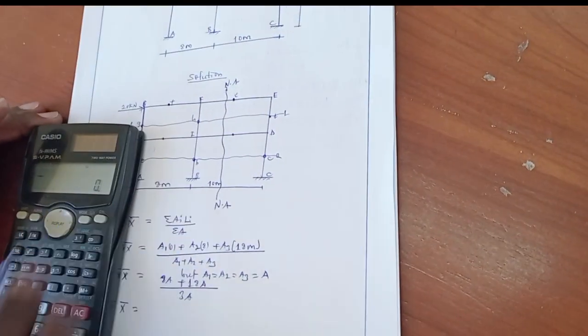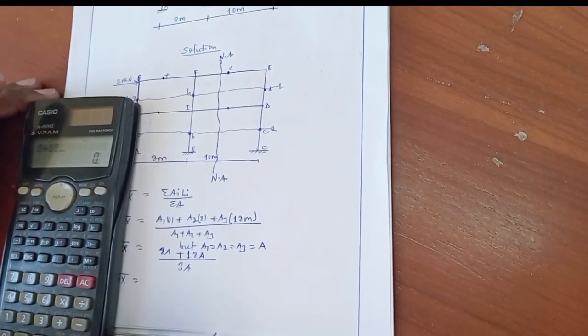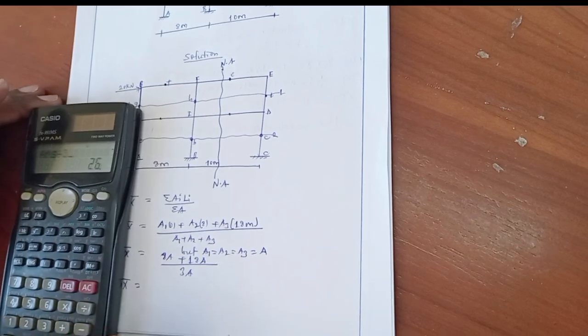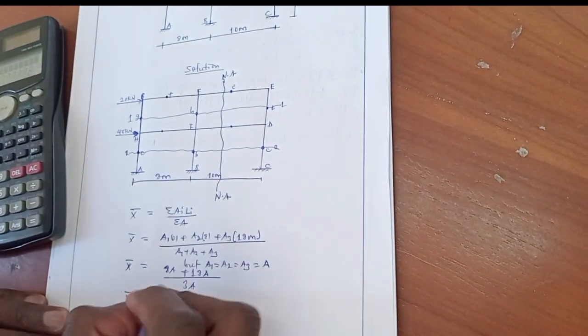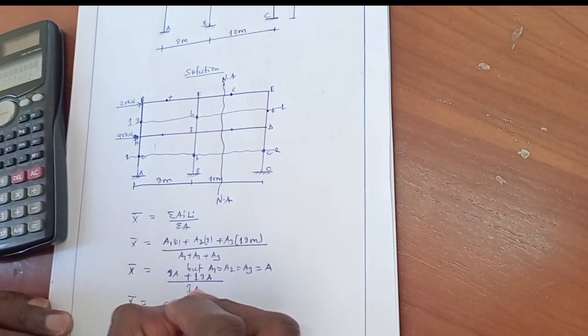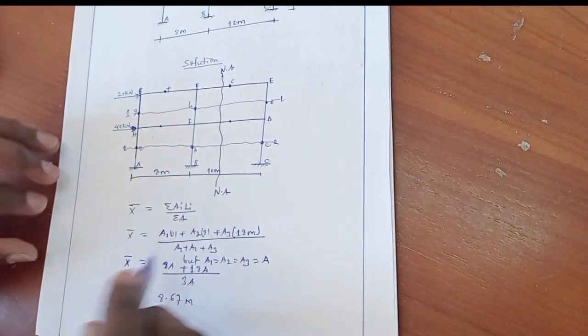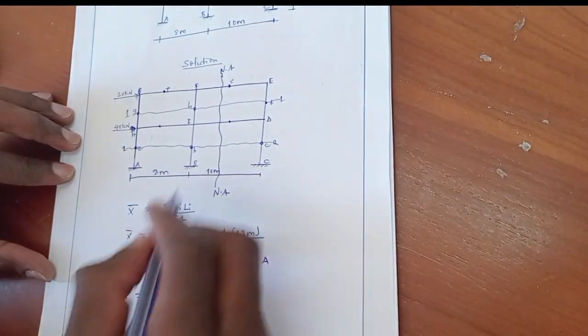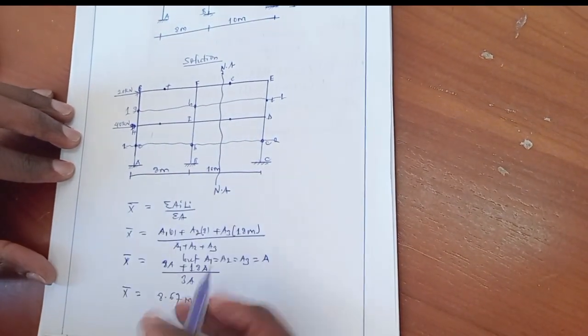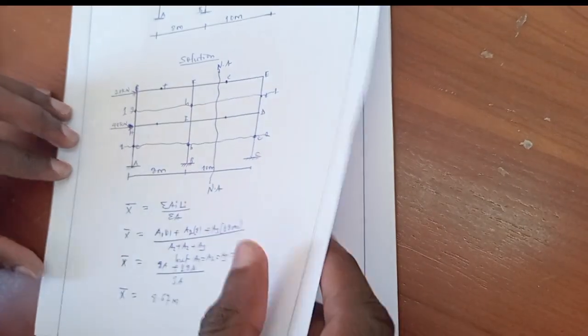Let's calculate this by using calculator: 8 plus 18 over 3 will give 8.67 meters. Area and area cancel out. Therefore, the centroid of this column area is 8.67 meters.